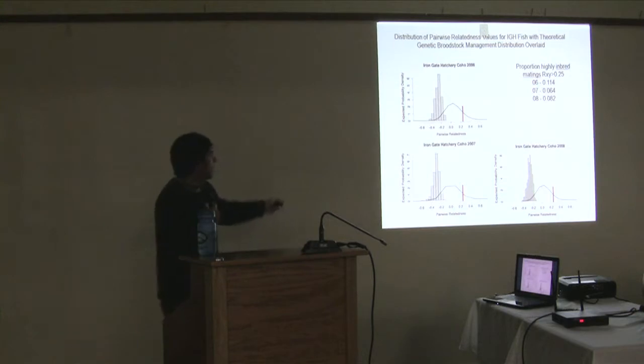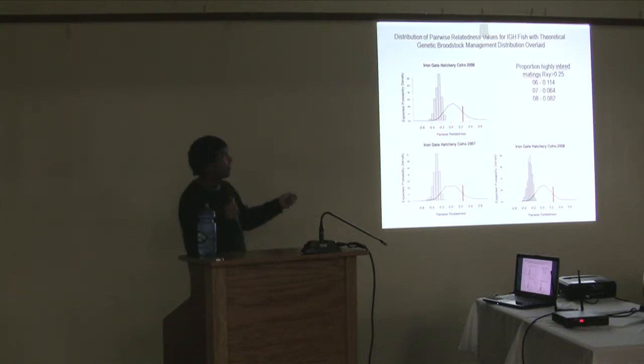And the other thing that we did, and this is what this distribution is, we said, well, okay, if you knew ahead of time what the pairwise coefficient of relatedness is between all individuals in that stock, and you could use that information to choose your mates, then what would the distribution be?